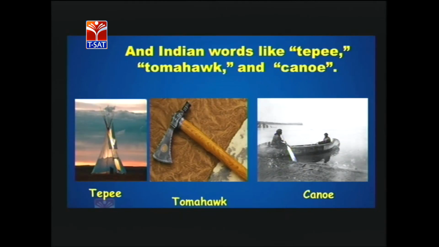The meanings of these words: teepee means a small tent prepared with a cloth. Tomahawk is a light axe. Canoe is a narrow boat. So, these words come from American Indian languages.